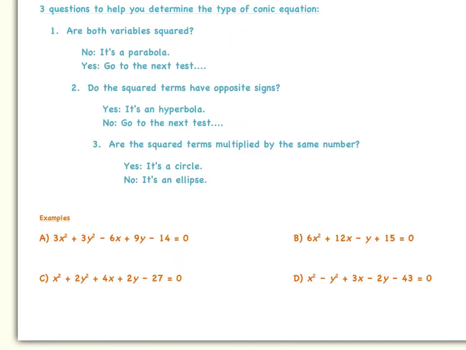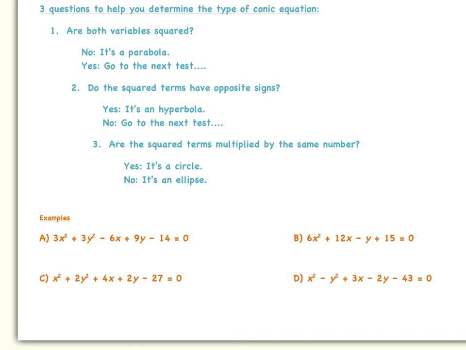There are three questions that can help you determine the type of conic equation you have. So let's go through the questions. The questions merely help you remember what I just shared with you on the previous slide. So question number one, are both variables squared? Well, if the answer is no, then you have a parabola.